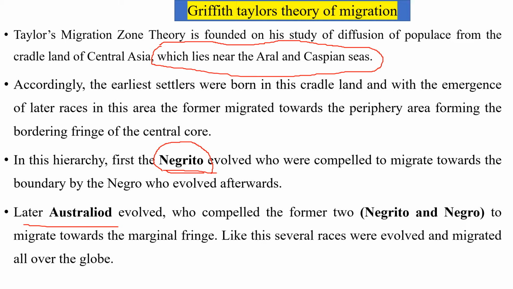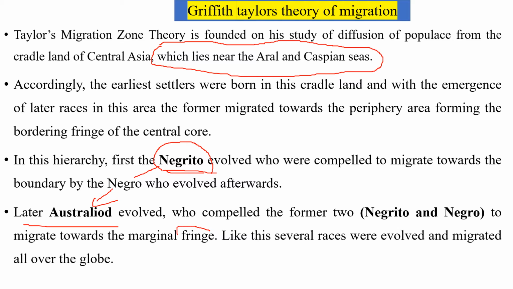There is a little bit of difference between the Negrito and the Negro. After the Negrito's core part, the Negro evolved. Then after the Negro, the Australoids evolved, who compelled the former Negrito and Negro to migrate towards the marginal fringe.